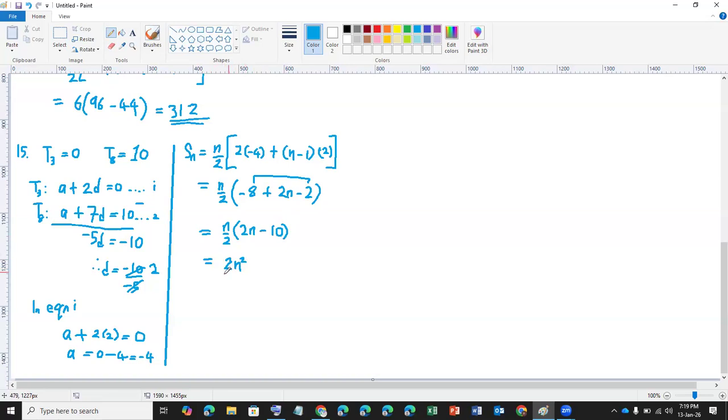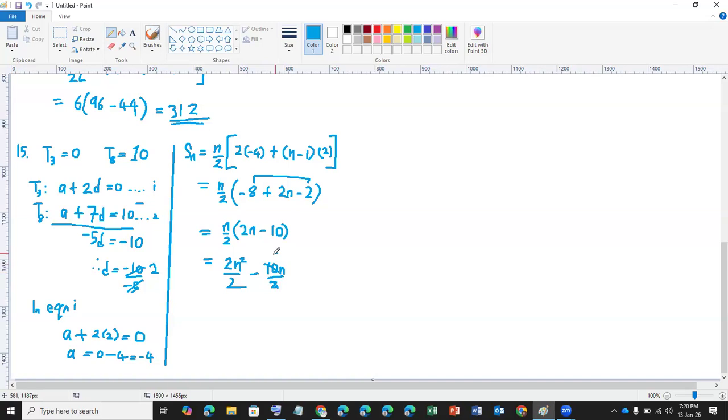Can you see that? Okay, 2n squared over 2, so minus 10n over 2. So it makes things easy for us. You can see things will cancel out.